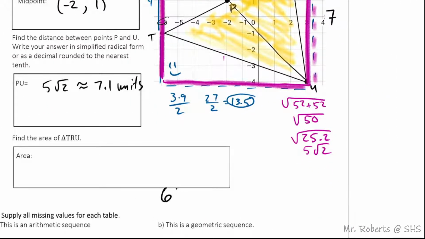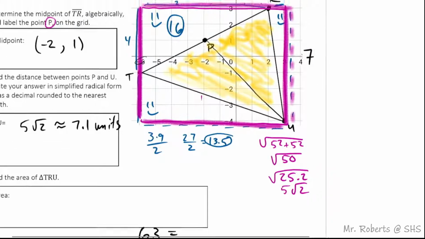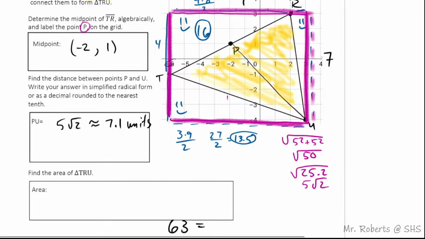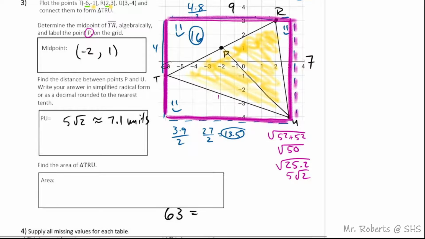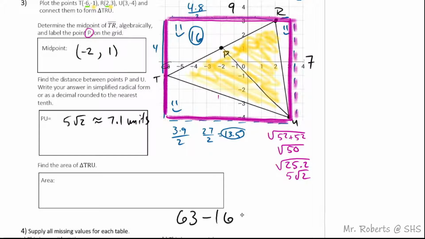I apologize for that. Thank you to those of you that were screaming at your cameras and phones. I could hear you, and it corrected me. So this is 63, and I need to take away from that 16. And I also need to subtract 13.5. And I also need to subtract 3.5.